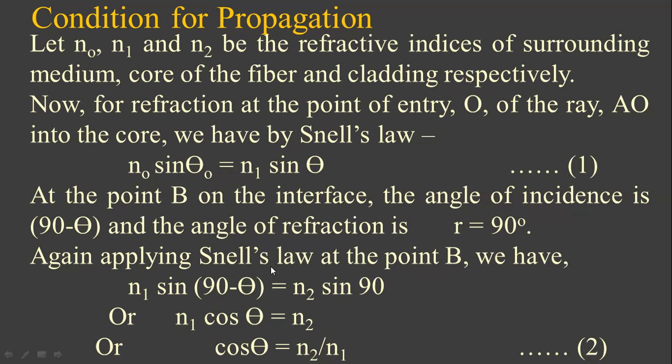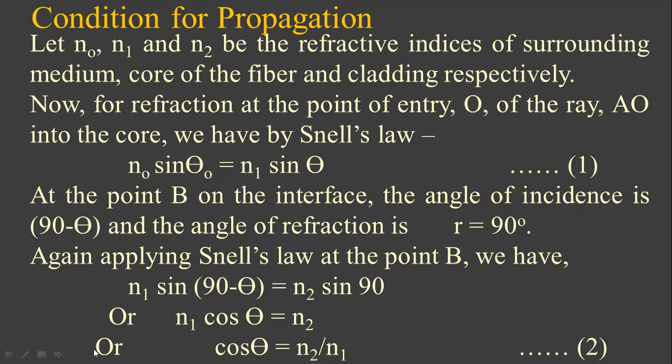By applying Snell's law at the point B, we have N1 sine of 90 minus theta is equal to N2 sine 90, because here the angle of refraction R is 90 degrees. So we have substituted the R value here, and this is the angle of incidence.